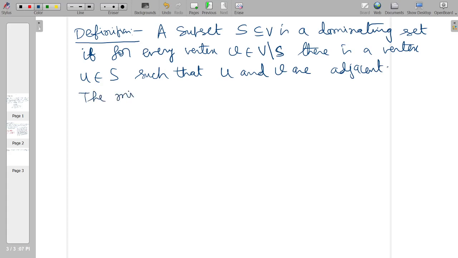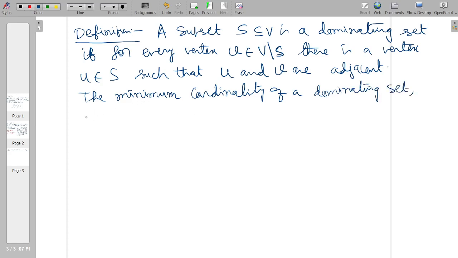The minimum cardinality of a dominating set, denoted by gamma of G, is called the domination number of a graph.